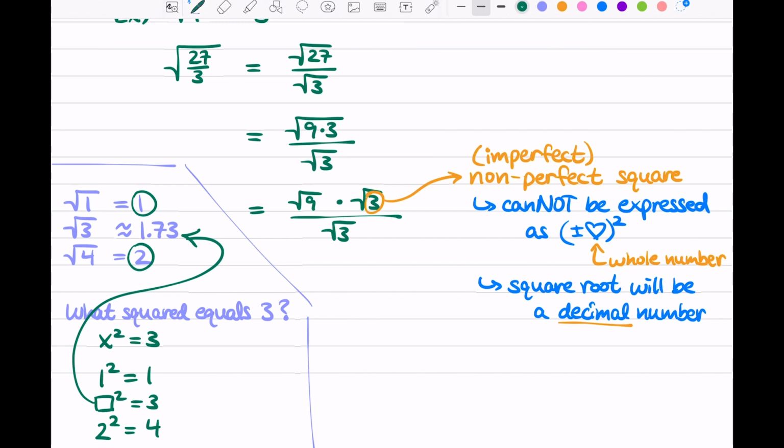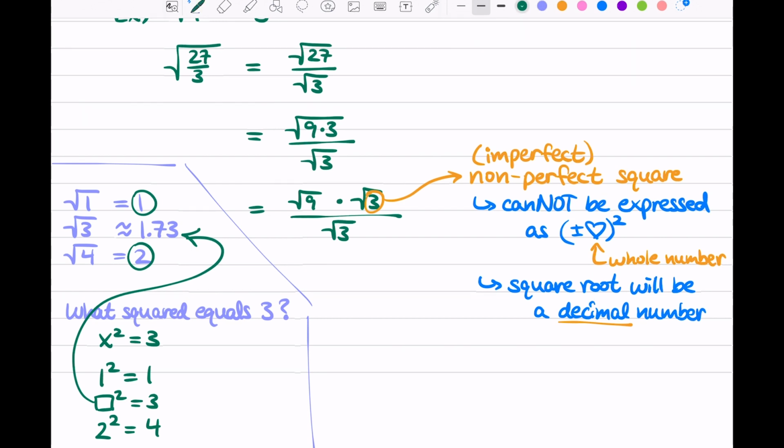So let's finish our example above. We have the square root of 9 times the square root of 3 divided by the square root of 3. So since 9 is a perfect square, we know that the square root of 9 is 3. And we have the square root of 3 divided by the square root of 3. So since we have a square root of 3 on top and bottom, we can cancel those out.